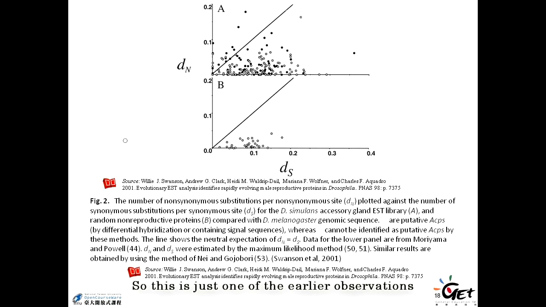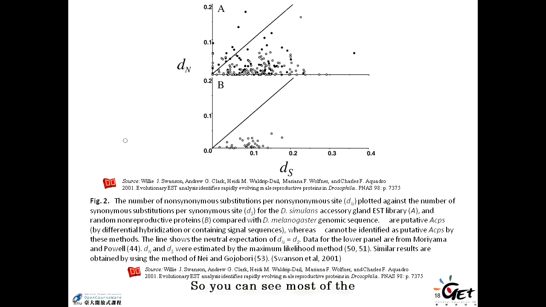This is one of the earlier observations by Swanson using Drosophila as an example. He looked at the dN/dS ratio, which corresponds to the Ka/Ks we discussed here. They also illustrate the changes.